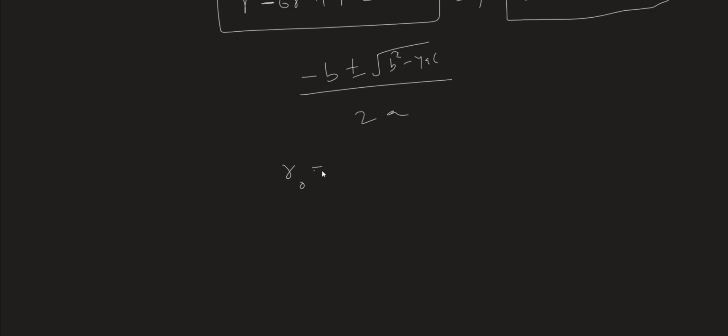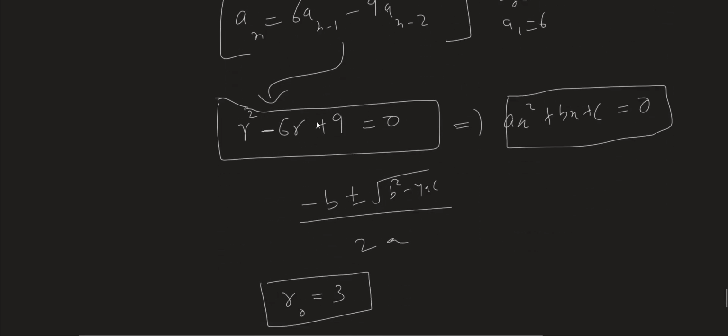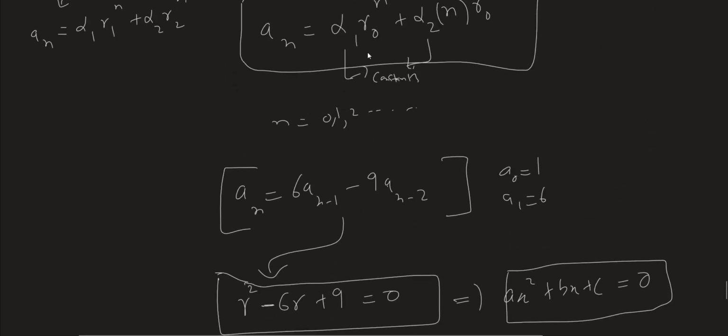After calculation we'll find that both of those values are 3. Then the solution can be written in terms of this equation. So an is equal to alpha 1 times 3 raised power n, so r0 raised power n, plus alpha 2 times n times r0 raised power n, again 3 raised power n.